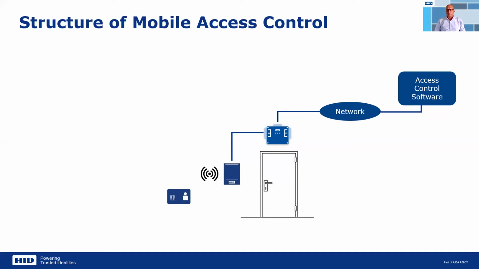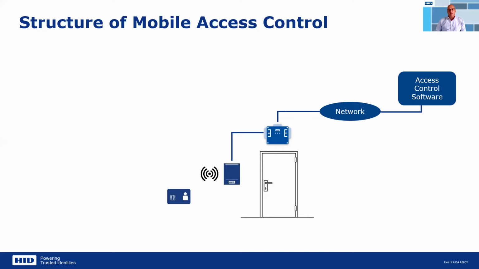The controller also operates the door locks that opens the door, and it's managed by the access control software connected with the network. And based on your authorization rights and privileges, you are granted access or access is denied. And you are using the RFID cards in order to identify yourself to the system.